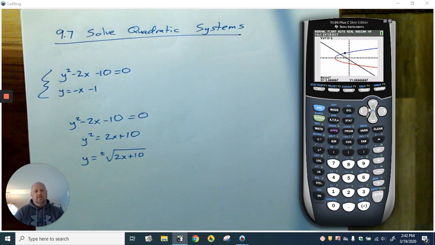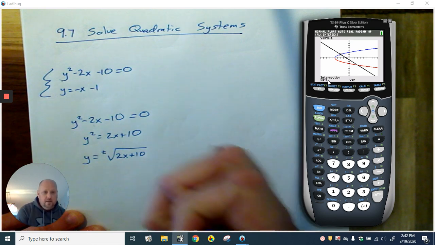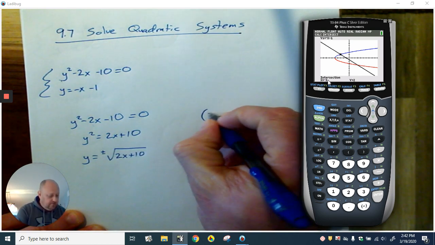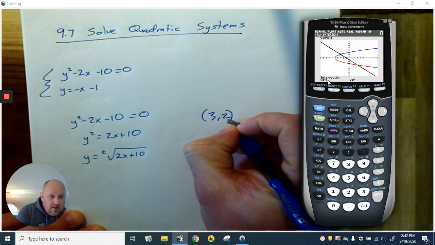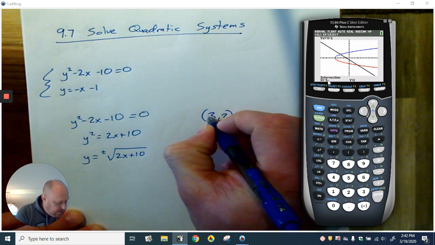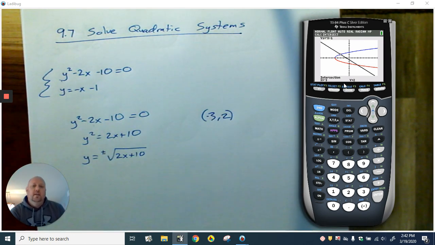Put the cursor as close as you can to get a good estimate there, and then hit enter. And it tells us the actual intersection point is -3, 2. So we have -3, 2 as one of our two answers.